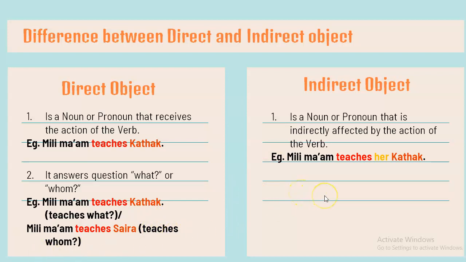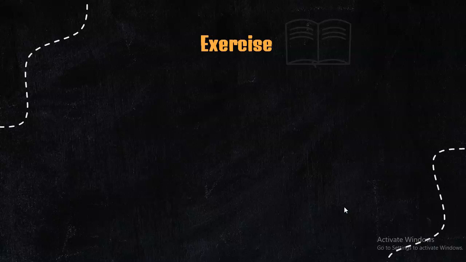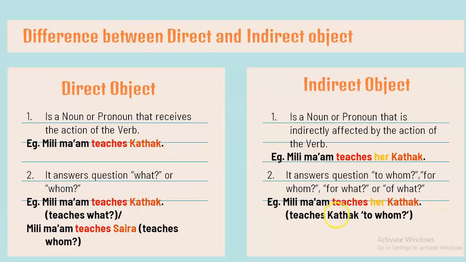And the indirect object answers to whom, for whom, or for what. Example, Millie ma'am teaches her Kathak. Millie ma'am teaches Kathak to whom? Her. So, her is the indirect object of the sentence.